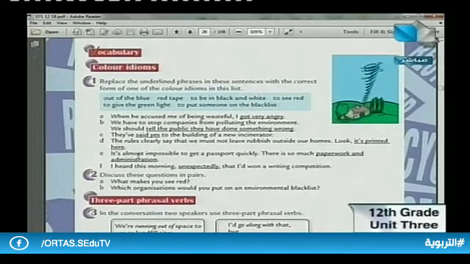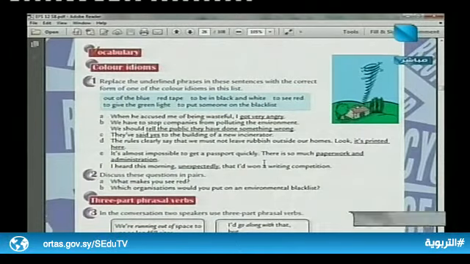Okay, the next one, please. Number E, it is almost impossible to get a passport quickly. There is so much paperwork and administration. "Paperwork and administration" is replaced by "red tape." It means a kind of work, papers, administration, signatures, whatever.